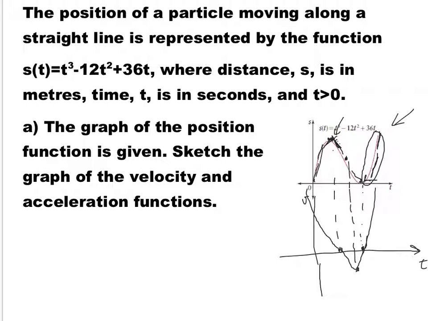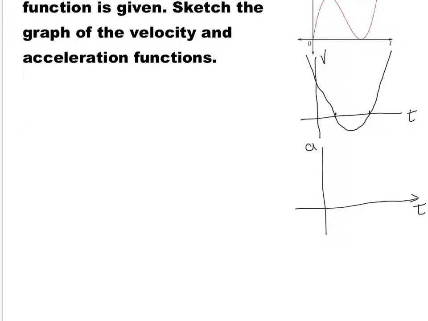Now we are going to find how the acceleration graph is going to look. For the acceleration graph, we again look at this time the velocity graph. This is our velocity graph. If we draw again the tangent here, you can see the tangent is going to have negative values up to this point. At this point, our tangent is going to have a slope equal to 0 because the tangent is going to be horizontal.